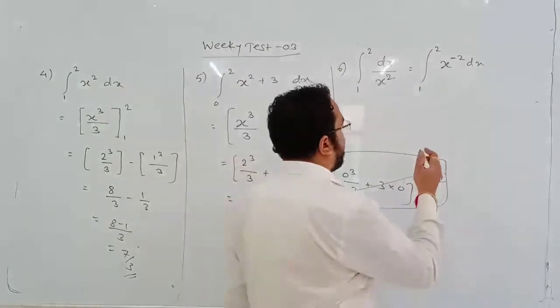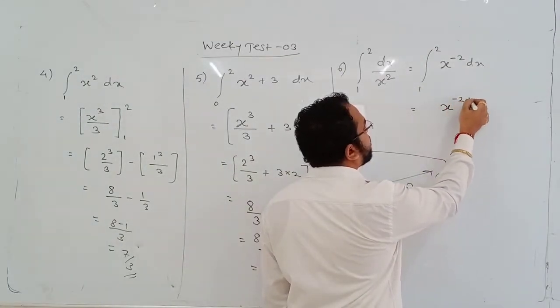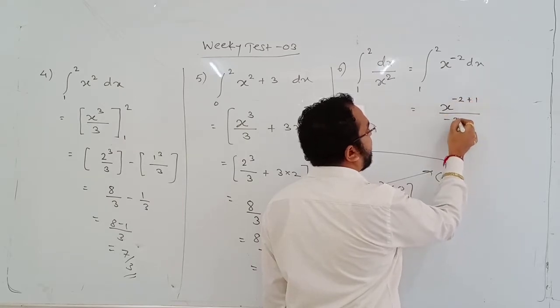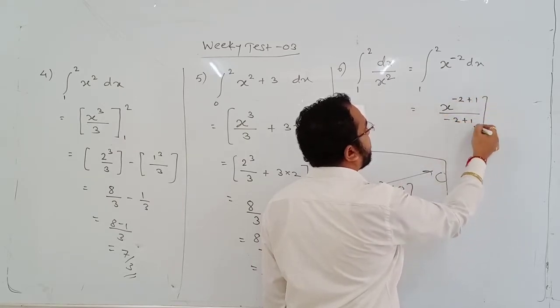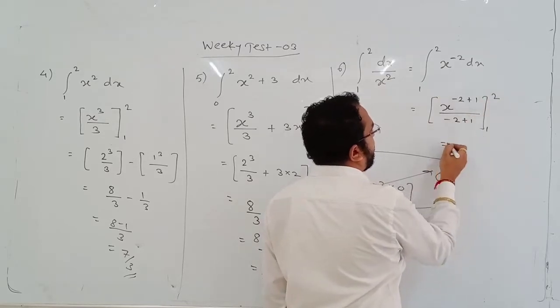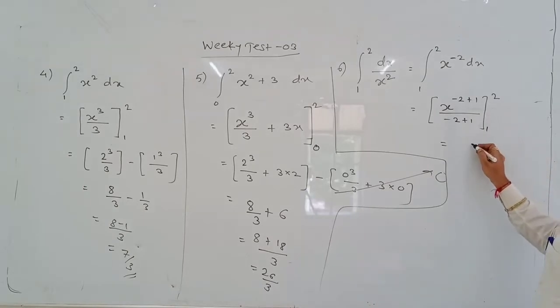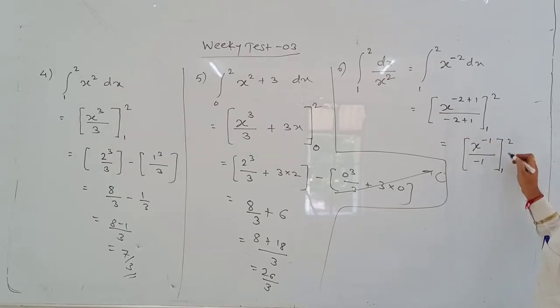Now integrate. So what is the rule of integration? Increase the power by 1. So minus 2 plus 1 upon the new power, minus 2 plus 1, from 1 to 2. Now tell me, what is minus 2 plus 1? It will become minus 1. So see, this is minus term and x to the power minus 1.